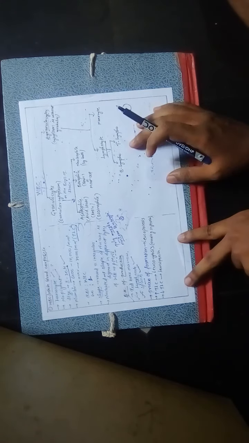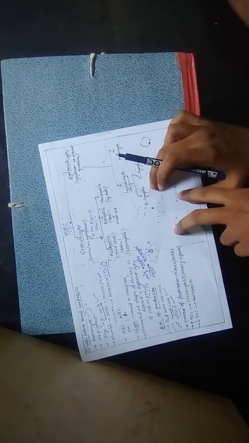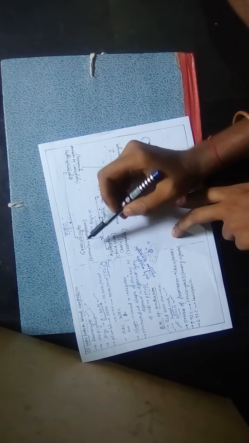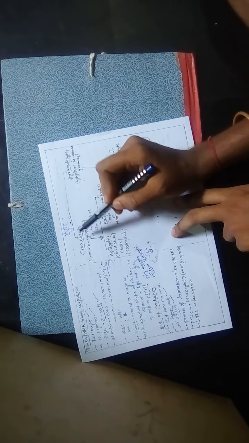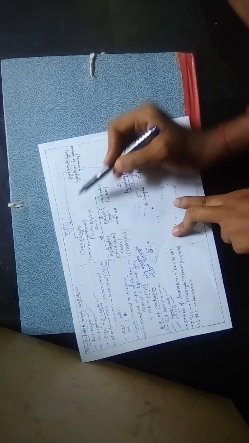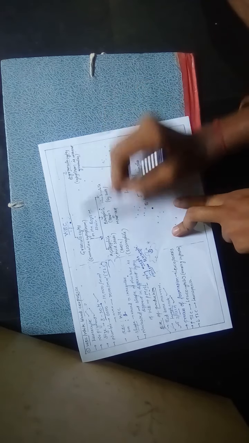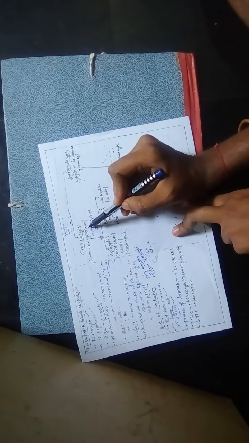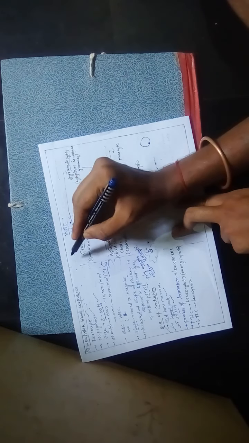Next we go for the types of WBC, white blood cells. Based on the cytoplasm, it is divided systematically into two types. One is granulocyte, another one is agranulocyte. Granulocytes have granular cytoplasm. In the cytoplasm of WBC there are some granules.